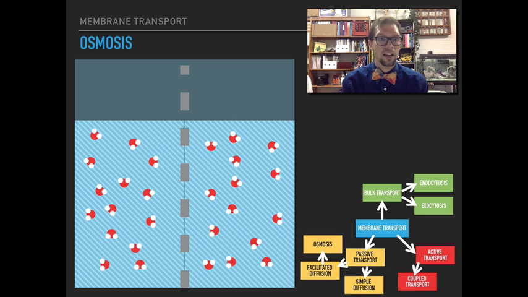It actually is going to use aquaporins to help facilitate its movement across. So aquaporins are proteins that act as channels for water molecules. So osmosis is going to be the movement of water across these membranes. And water is going to be moving back and forth in both directions.